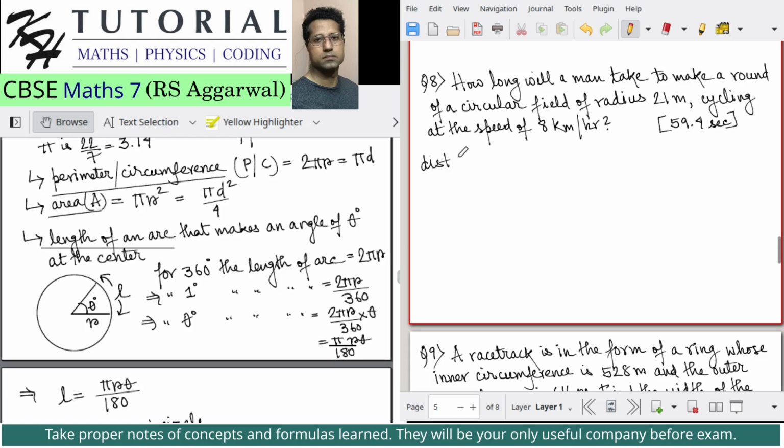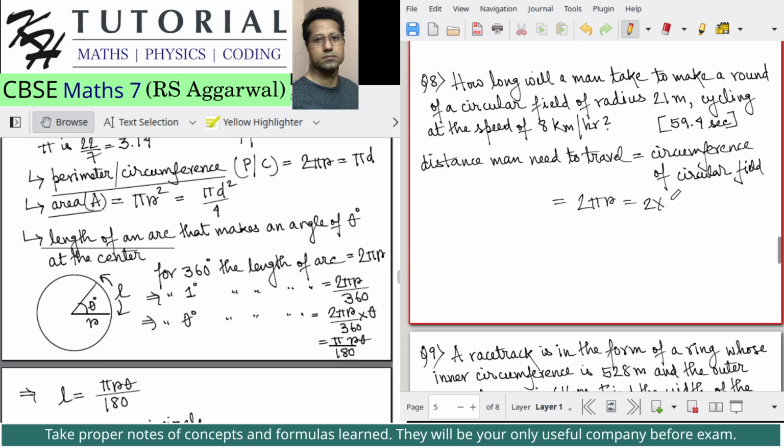Distance the man needs to travel is equal to the circumference of a circular field, which is equal to 2 pi r, which is equal to 2 multiplied by 22 by 7 multiplied by the radius of the circular field, which is given as 21.